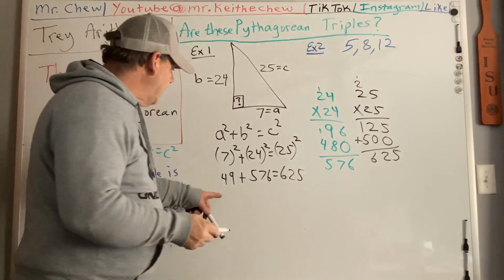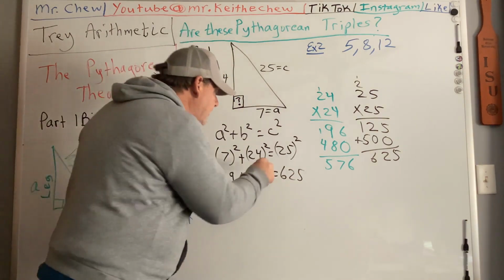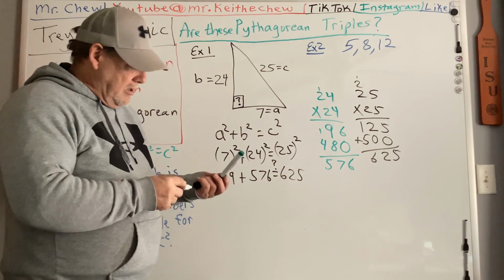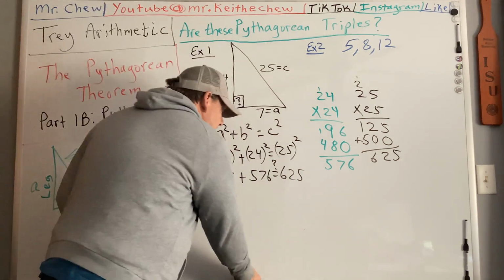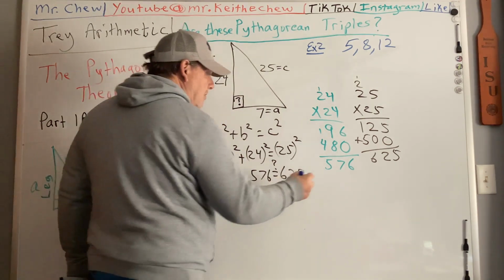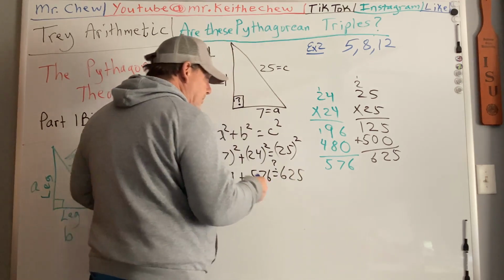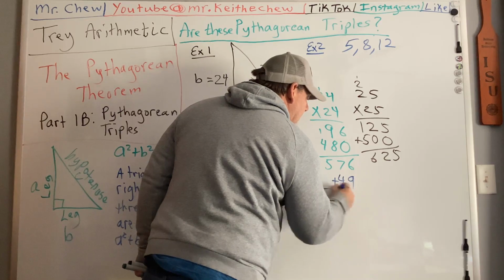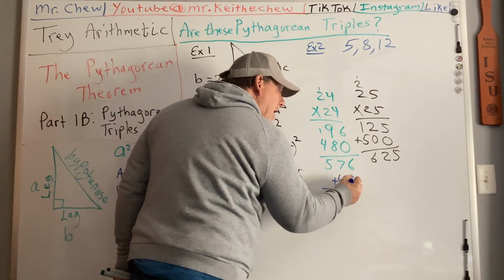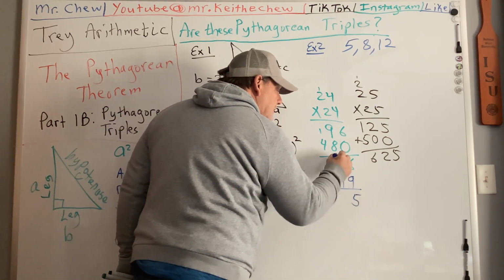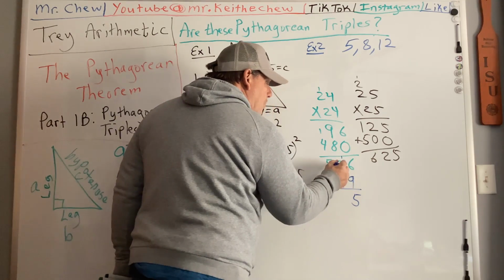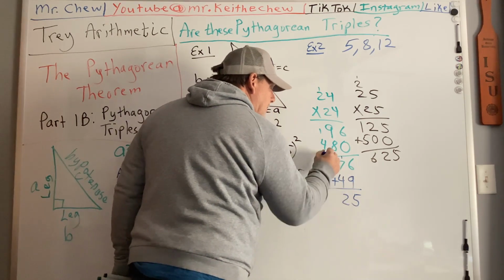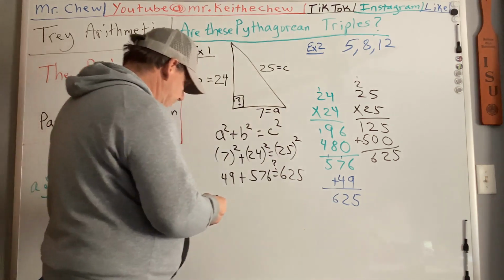My last step is to add these two and see if it's true, and if it's true, then we have a Pythagorean triple. So I will take 49 and add it to my 576. 9 plus 6 is 15. Carry the 1. 4 plus 7 is 11, plus 1 is 12. Carry the 1, 625.